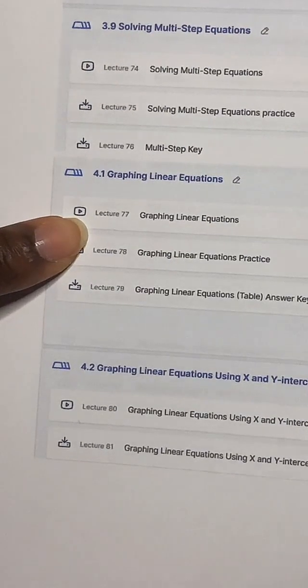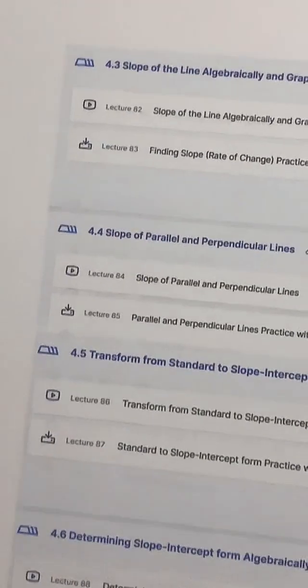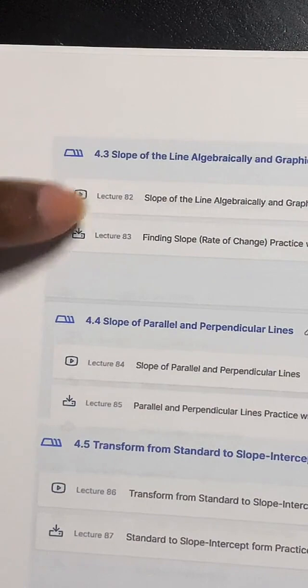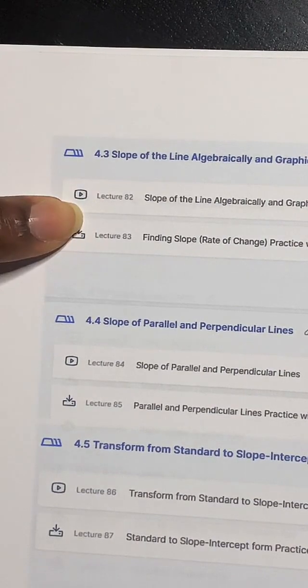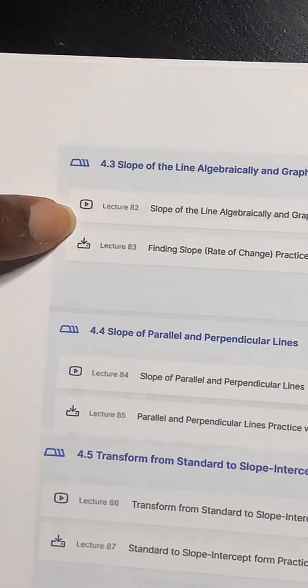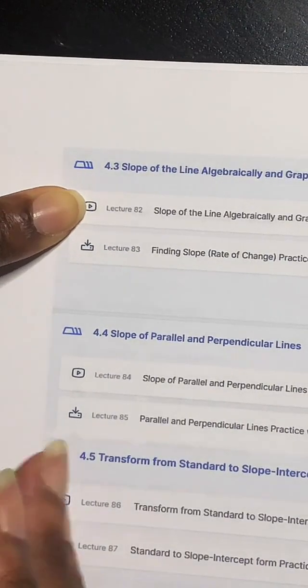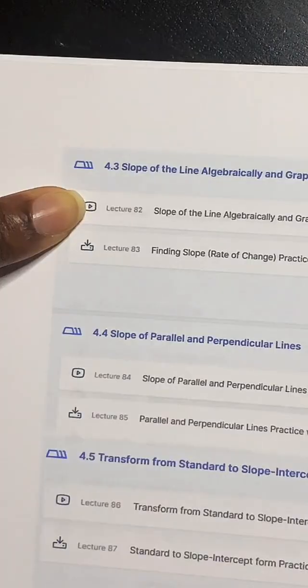Number line, multi-step equations, graphing lines, graphing linear equations with the x-intercepts, looking at slope. This is huge, especially if you guys are taking your GED or ASVAB. On the GED, this is a 4-point question. Remember, your questions range from 1, 2, 3, and 4.